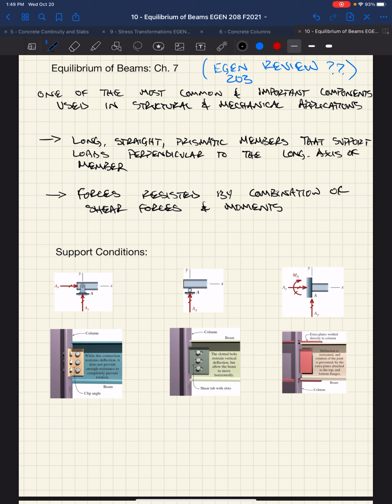So we have these internal forces that are resisting these external forces, and they come in the variety of shear forces and internal moments. And we have external forces.